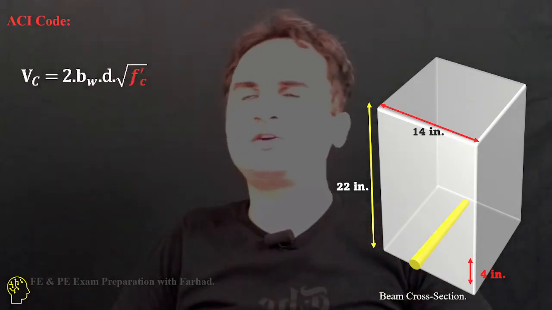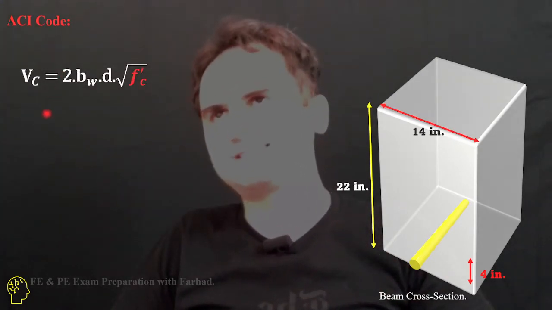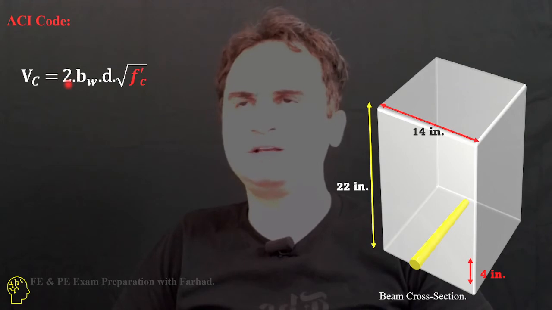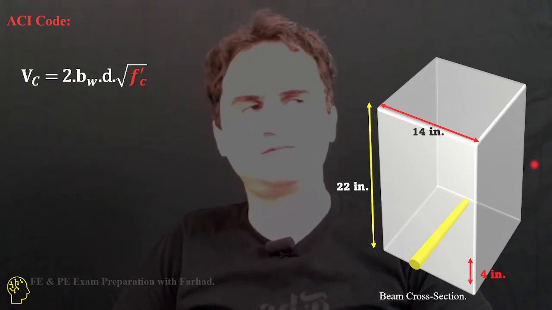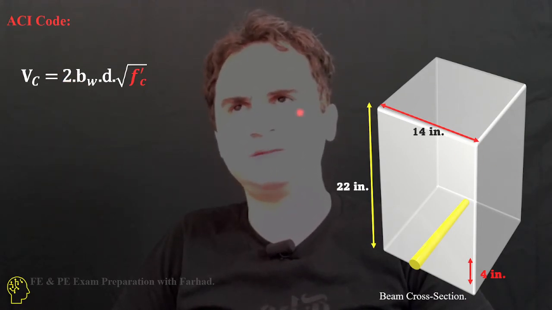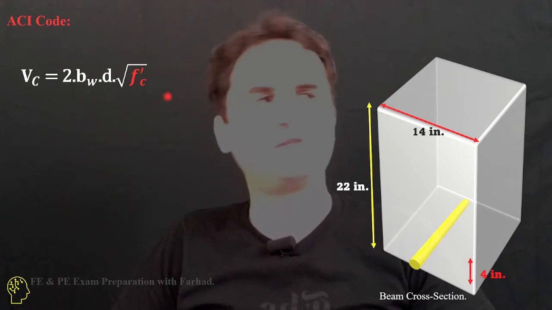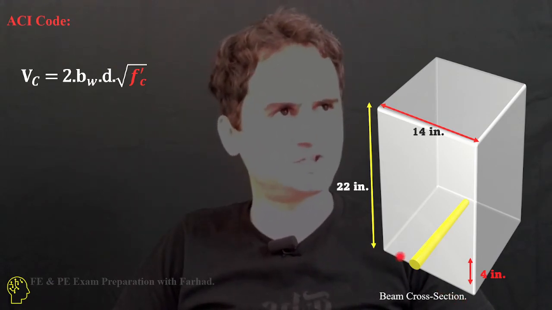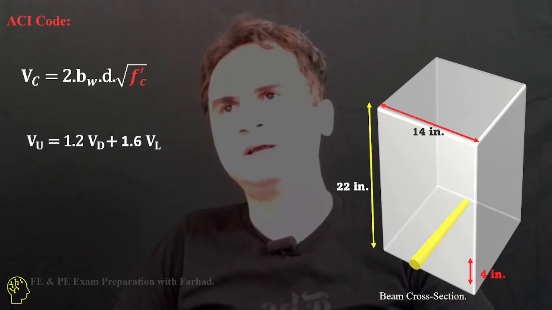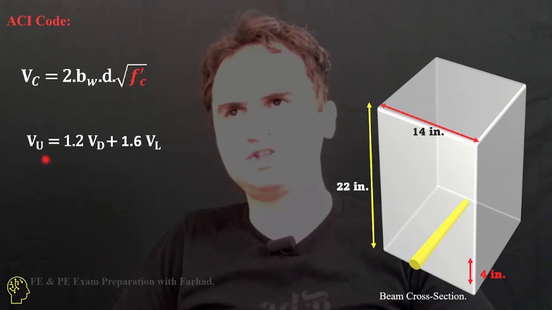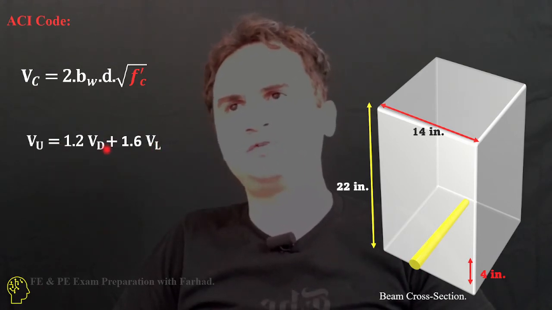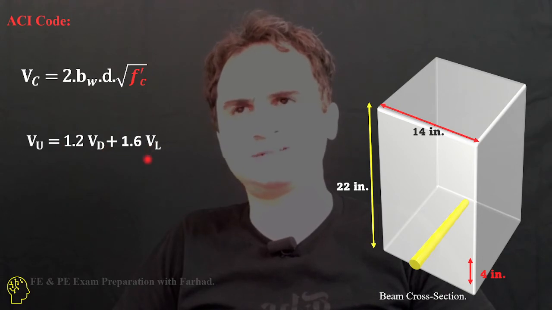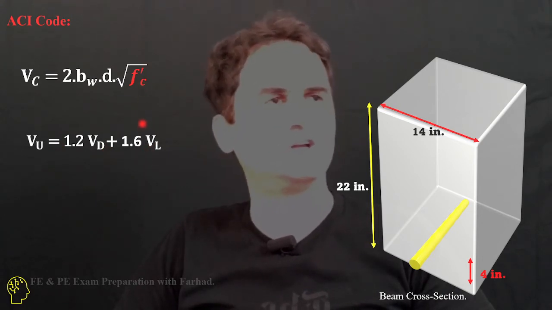Based on the ACI code, we can calculate what Vc is. V of concrete is 2 times the width of our beam times effective depth times the square root of f'c, which is provided in the problem statement. We know ultimate shear is 1.2 times VD plus 1.6 times VL, which is the dead shear plus live shear.